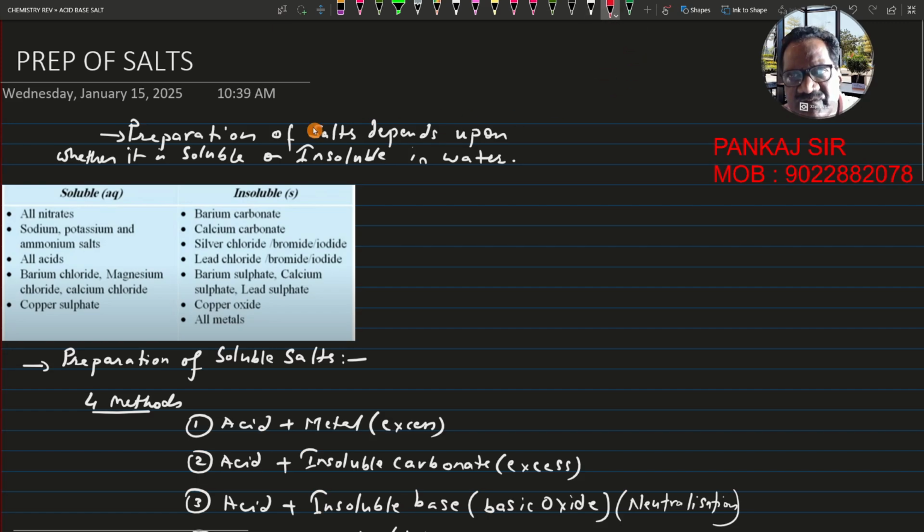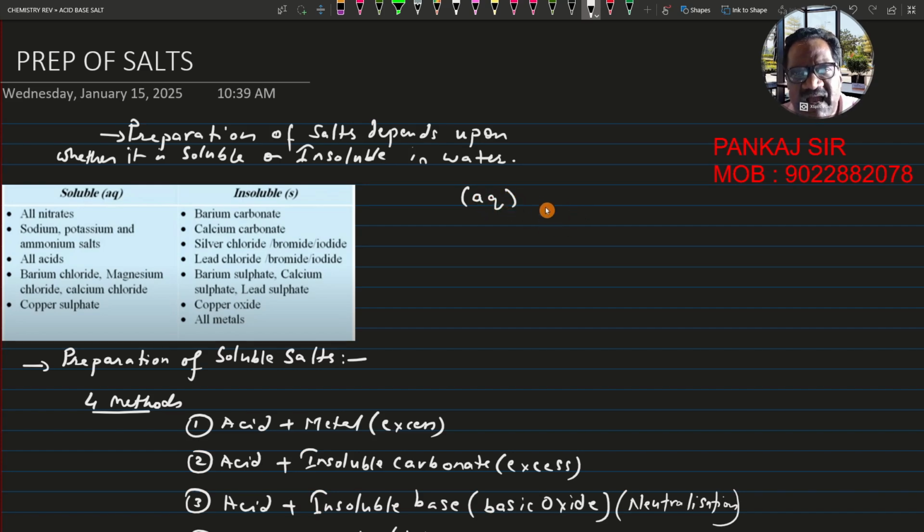We are going to deal with preparation of salts, and preparation of salts totally depends upon whether the salt is soluble or insoluble in nature. That is, whether the salt is soluble in water or insoluble in water. If it is soluble in water, we always write AQ, meaning aqueous.